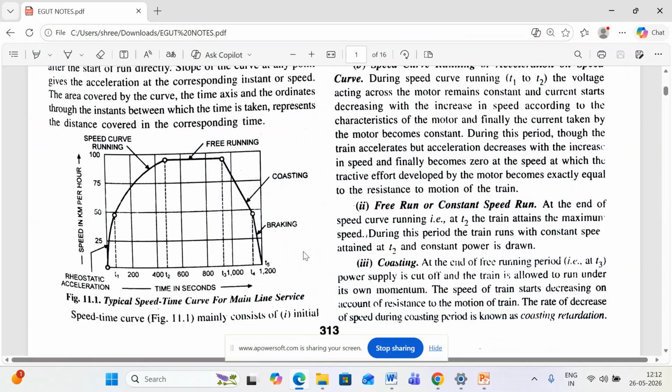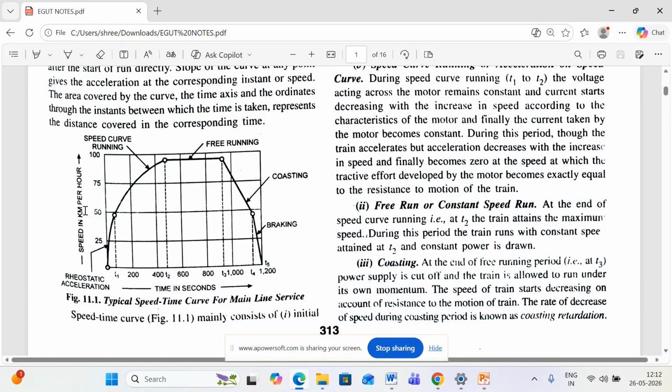So here it is shown the speed time curve of a typical main line service. Now let us understand what all parameters it indicates. On the x-axis we have time in seconds, and on the y-axis it is speed in kilometer per hour.